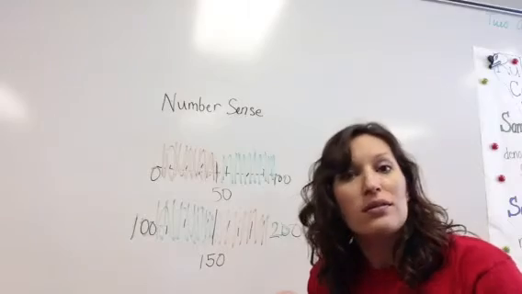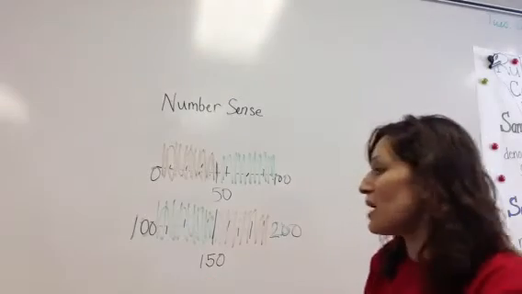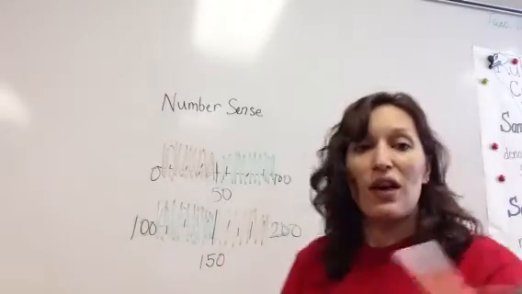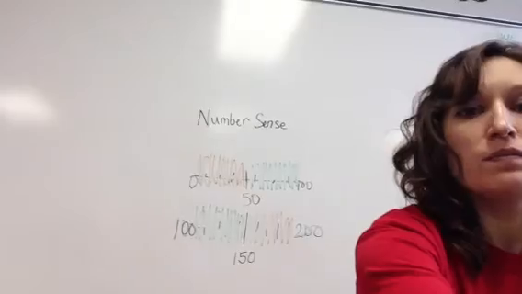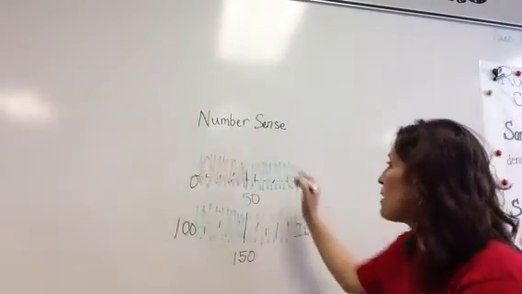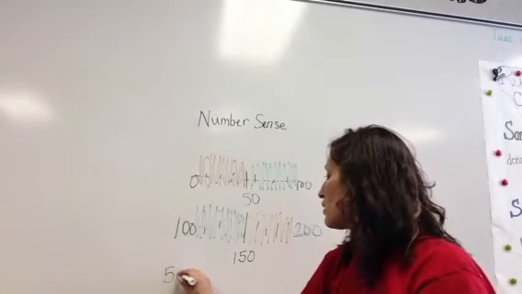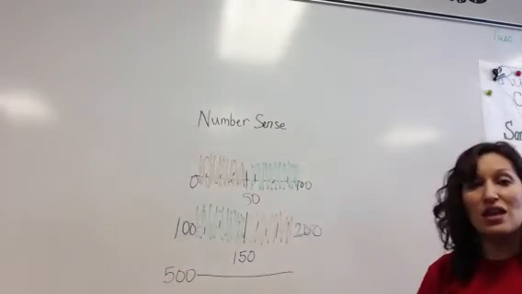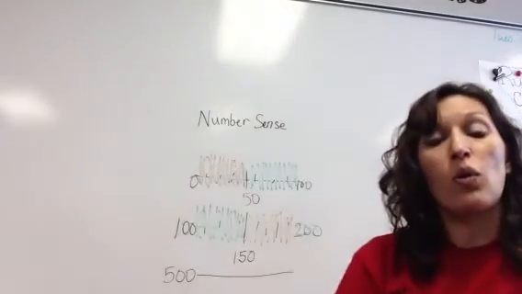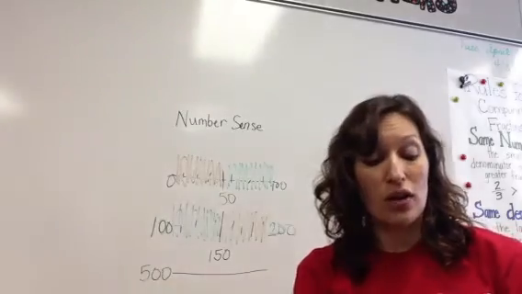Now, let's take it to some bigger numbers, okay? Let's see if I can pull this closer so you can see the bottom. Okay, let's make this 500. Where will we be at the end of 500? Well, we know that there are 10 tens in 100.